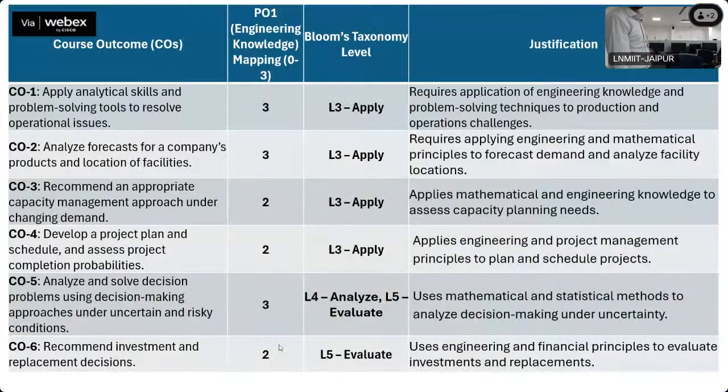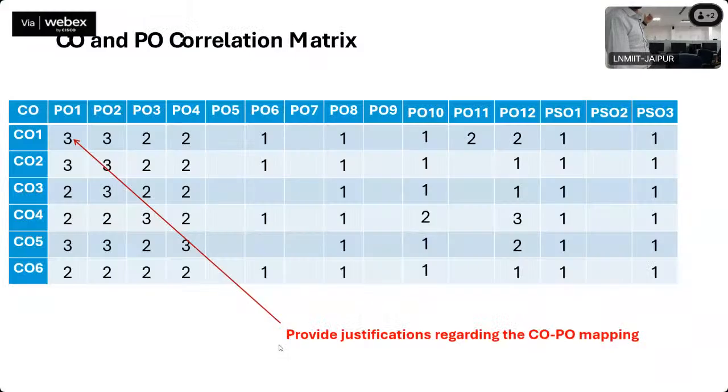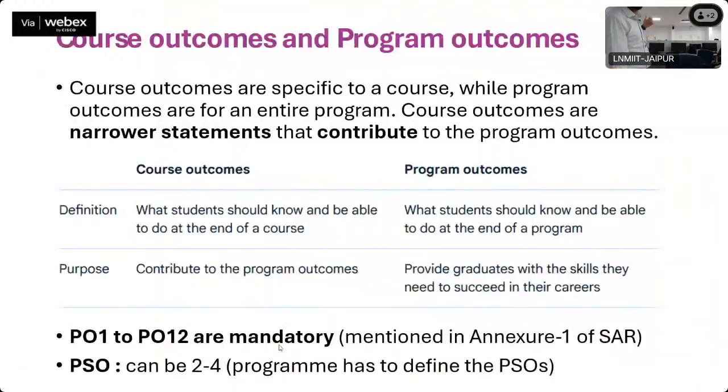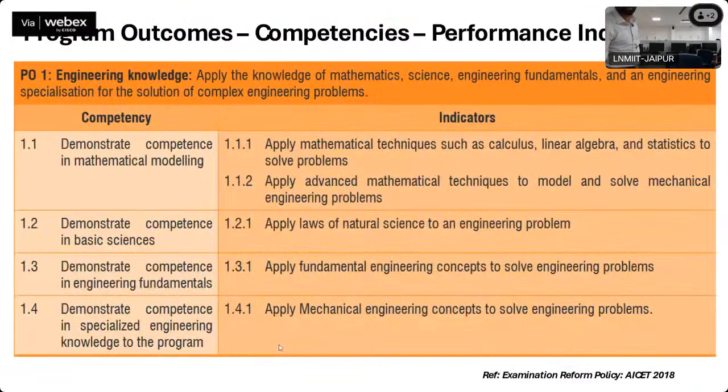There is again another way to do this mapping. So if you have seen this particular examination reform policy of AICTE published in November 2018. So for each PO, they have given some competency things, and they have given some performance indicator criteria also.